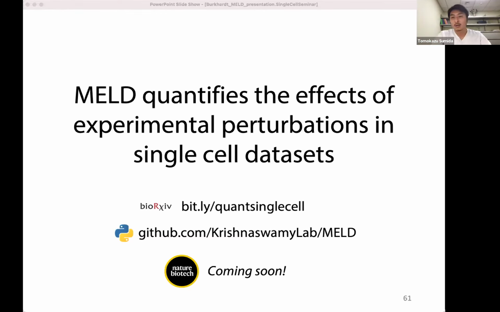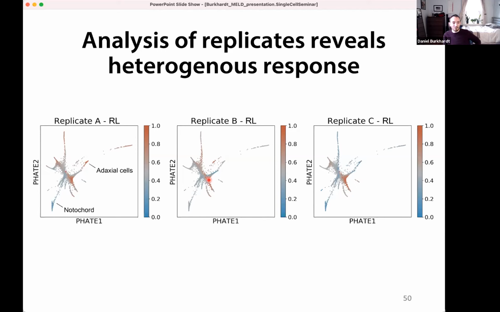At the end of the day, I cannot tell you what exactly is the right number. Again, I will just reiterate this: MELD will give you an estimate of the effect size. But I think you will probably find in that small population of 100 cells that the parameters you use to build the graph are going to be very sensitive to the output.